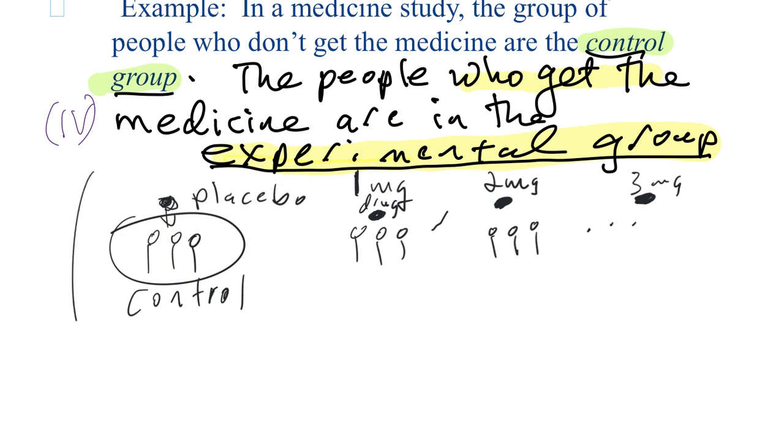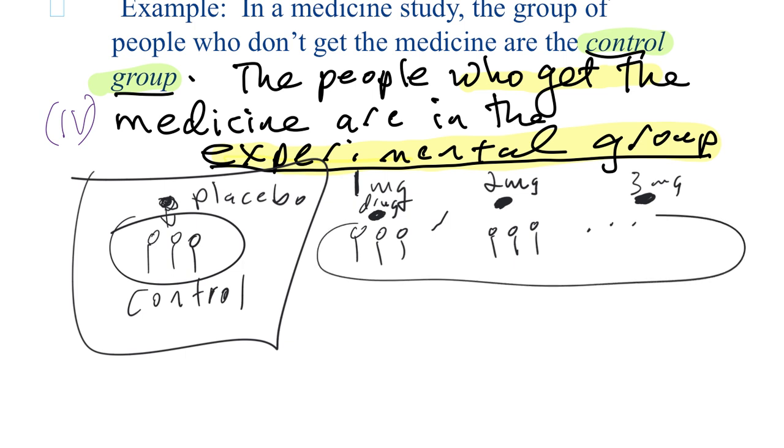But without a control group, I couldn't accurately say that the drug relieved that muscle soreness. You need a control group to compare the results of the experimental group. These guys are all the experimental groups.